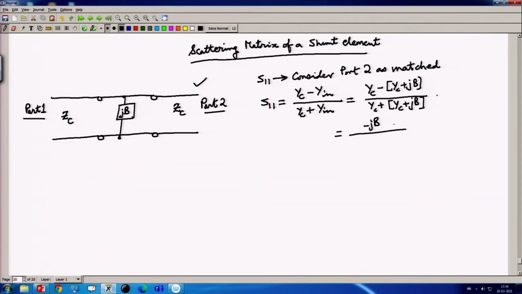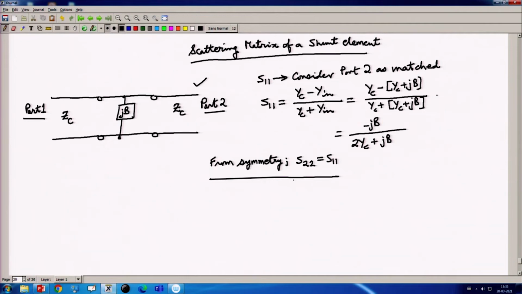That will be equal to minus jB by 2Yc plus jB. Now, from symmetry we can see S22 will be equal to S11. You can easily see that this network is symmetrical from port 1 and port 2. So, from symmetry we can write S22 equal to S11.